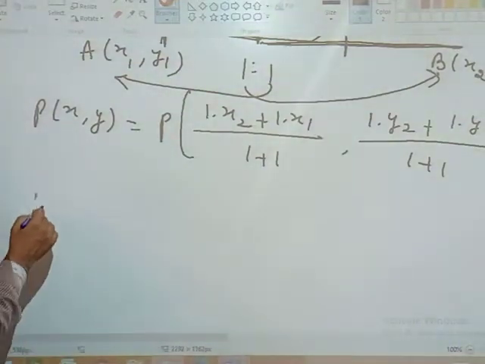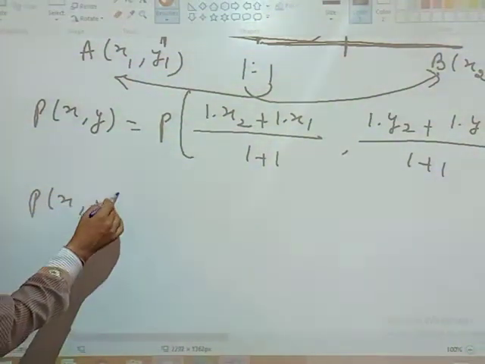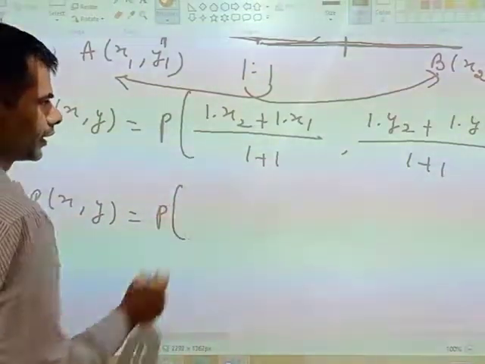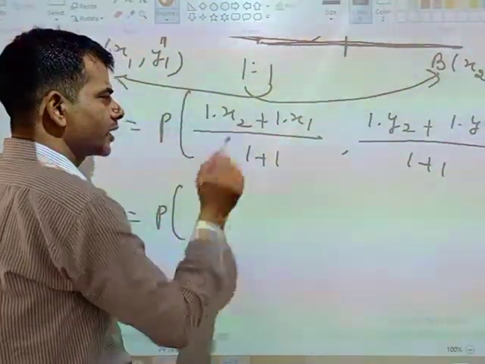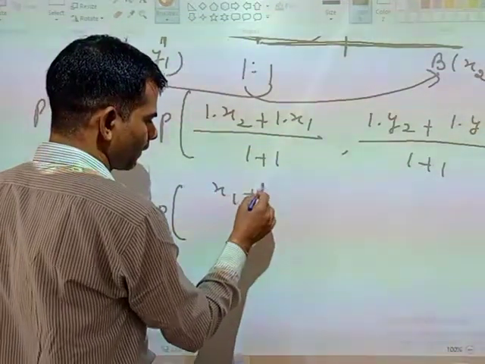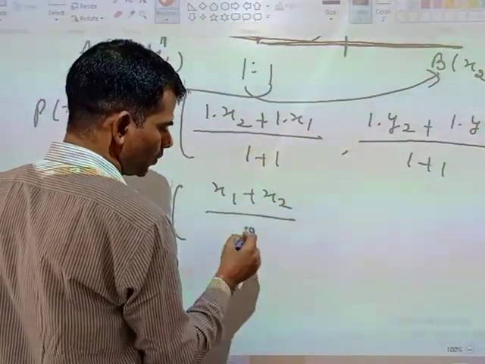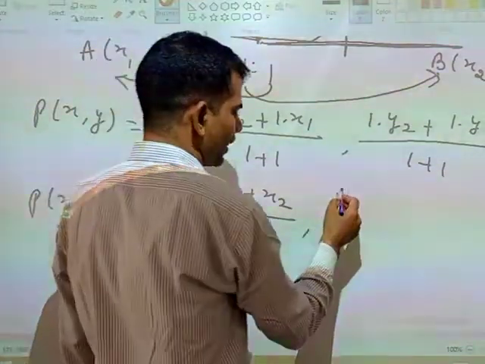Now it becomes x2 plus x1, may I write it x1 plus x2, divided by 2, and y1 plus y2 divided by 2.